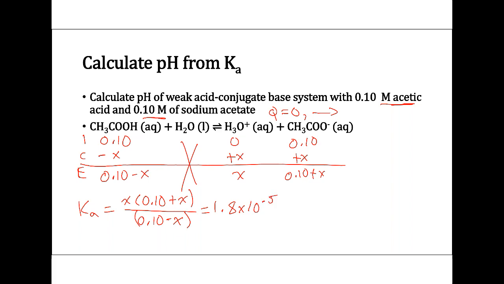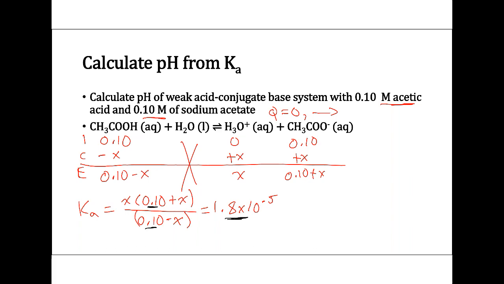All right, so I'm going to teach you a trick now, and that is, if this Ka value is going to be 3 or more orders of magnitude different from the initial concentrations, we can actually ignore x.